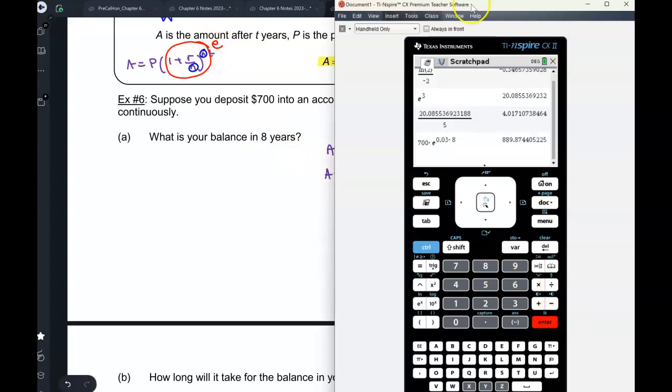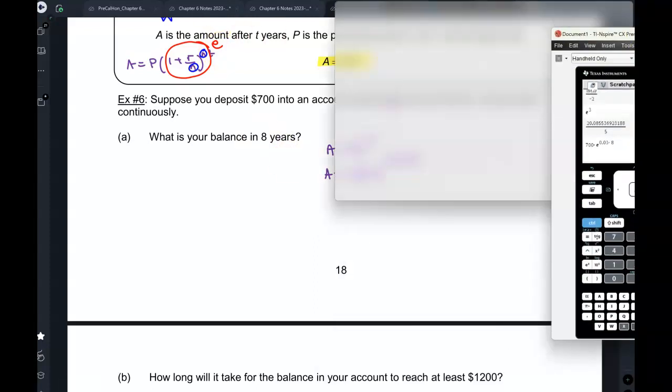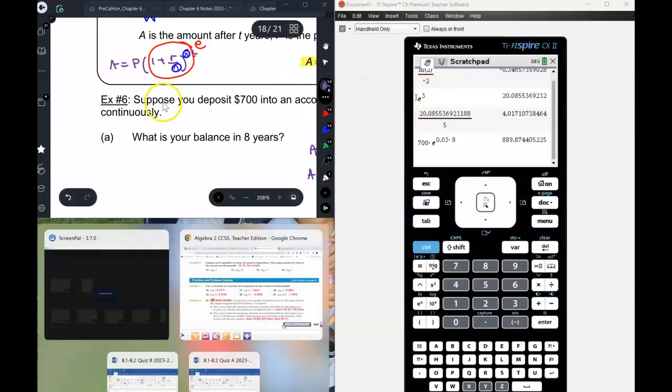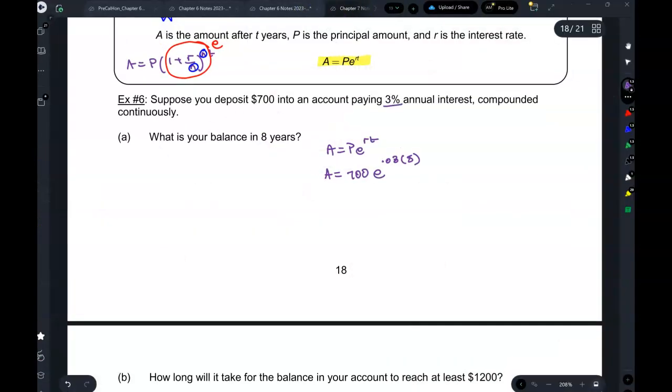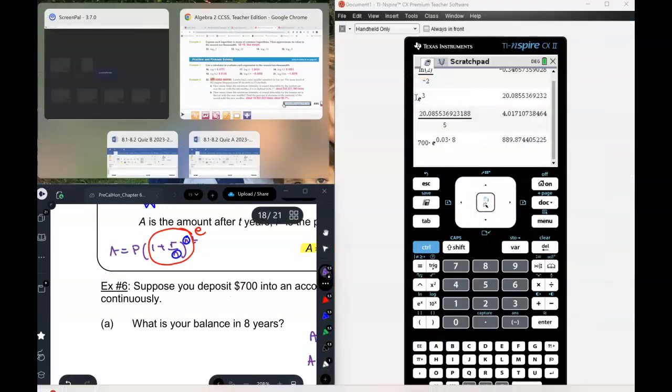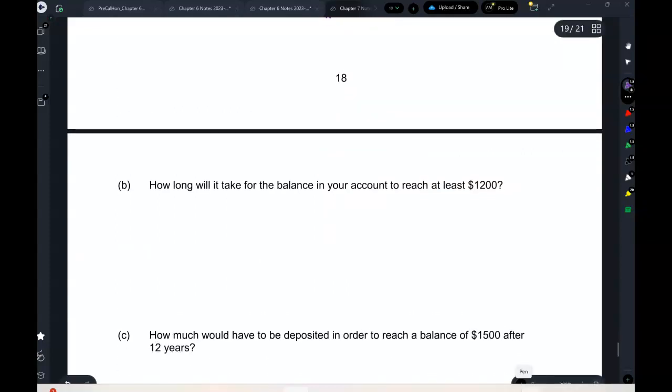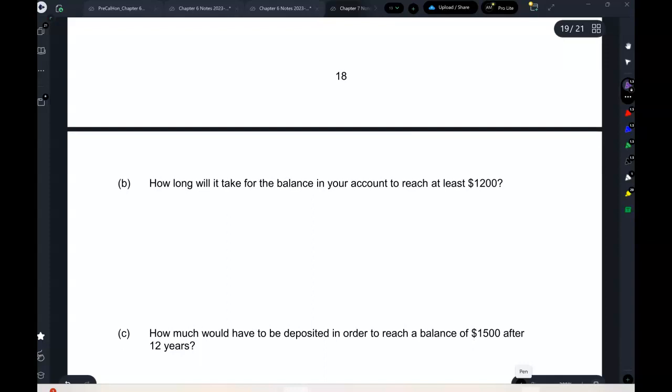And that's how much money you get. A measly $889.87. You don't make that much more money than you would have. Okay? So how long will it take the balance in your account to reach at least $1,200?